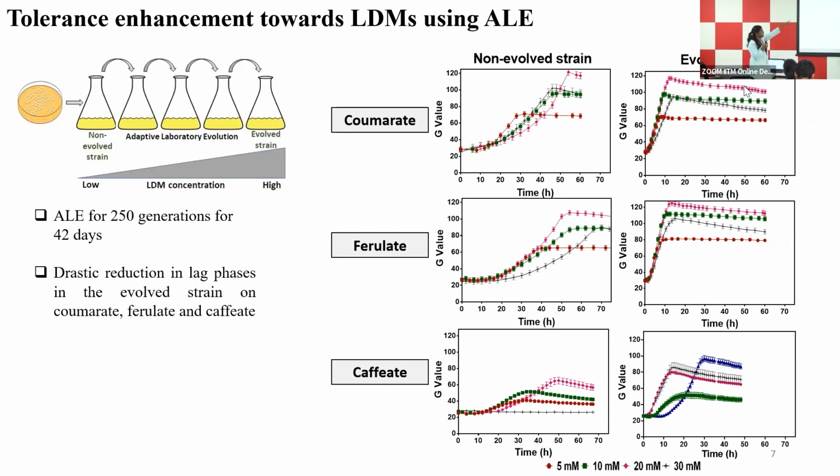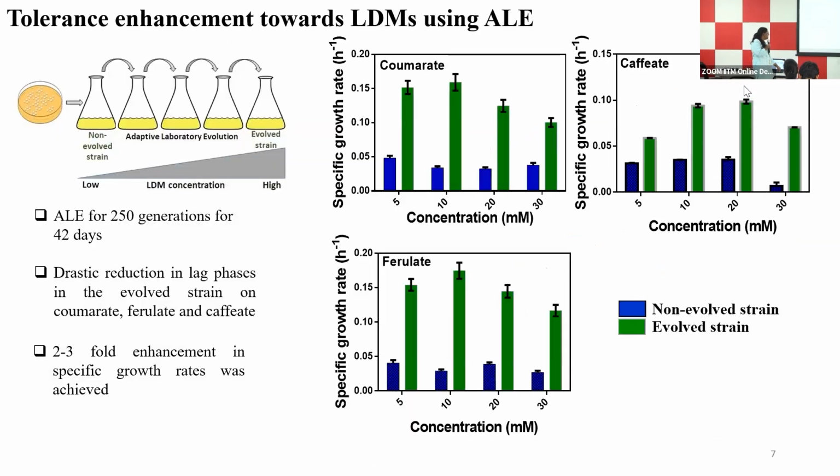If you can see, the non-evolved strain had a longer lag phase, and didn't grow much on these substrates, and there was at least a 2 to 3-fold enhancement in the specific growth rates, which was considered to be the fitness measure.